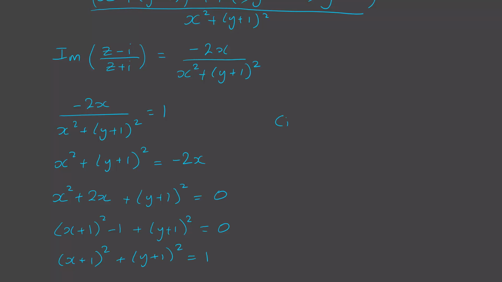And that is a circle. The centre of the circle is at (-1, -1). The radius is 1.